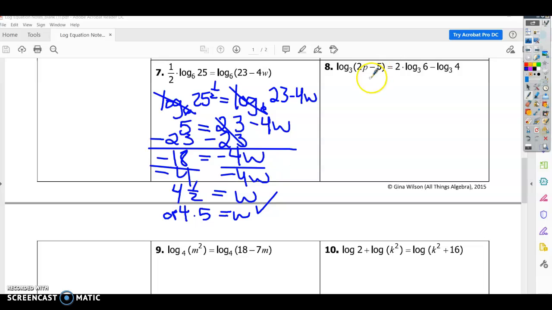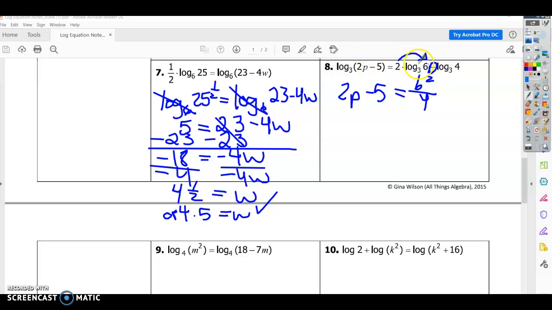All right, so here we have log base 3. Over here we have 2 logs. So this time we're going to have to condense on the right side. So to condense on the right side, let's move the 2 to a power. And then the negative means we have to divide. So I'm going to go ahead and put 2p minus 5 equals, and we're going to have 6 squared over 4.